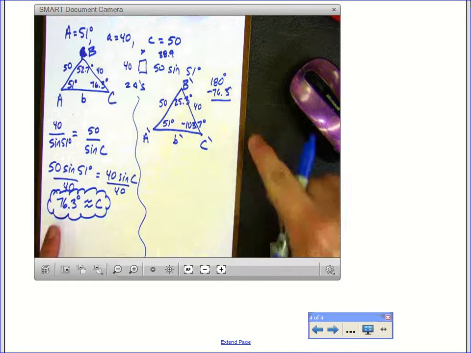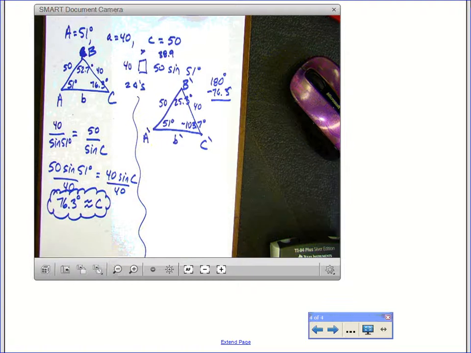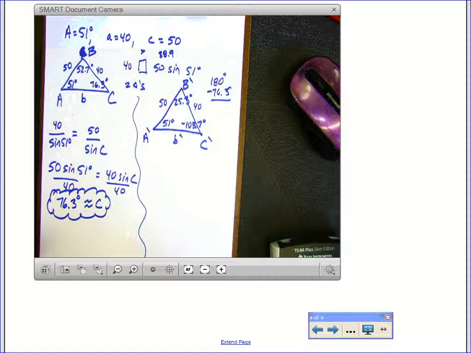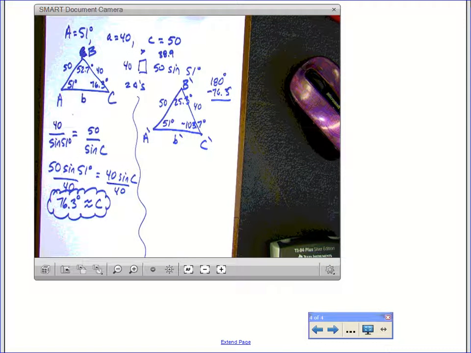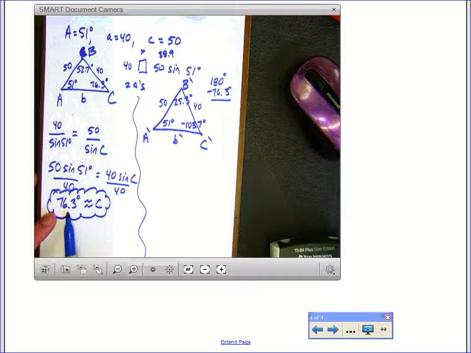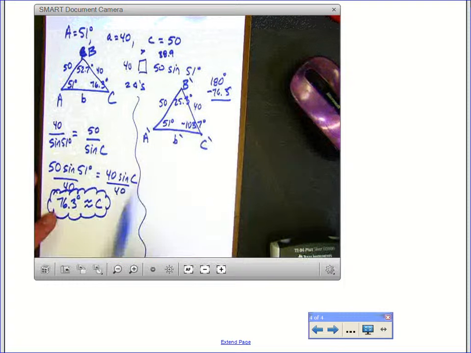Once you really do this step right here, the rest of it is just using law of sines on two different triangles. So what's still missing though? Side B. It's not always going to be angle C; it could be angle A or angle B. Whichever one you find first, you subtract that from 180, and then you write that answer in the other triangle.